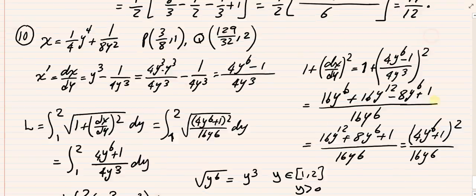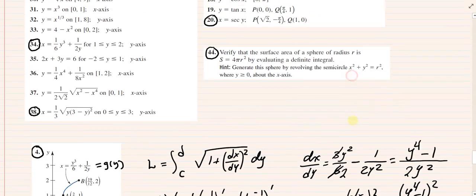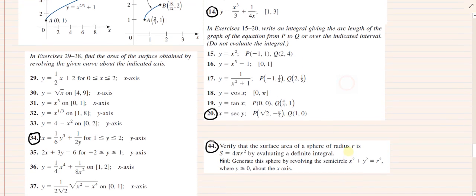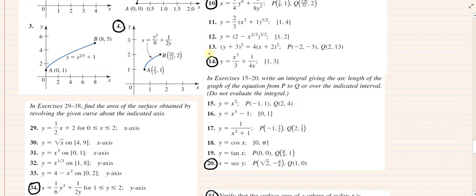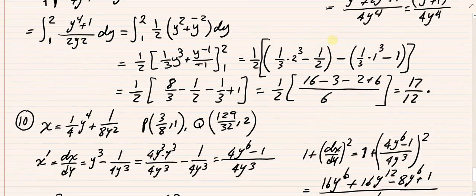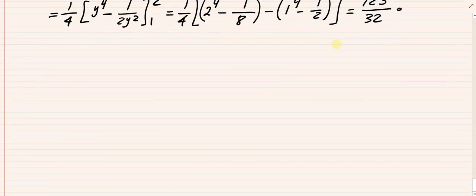Next, we're going to take a look at number 14. Same segment. So we're going to try number 14, find the arc length. In exercise number 14, this time y is a function of x, right?